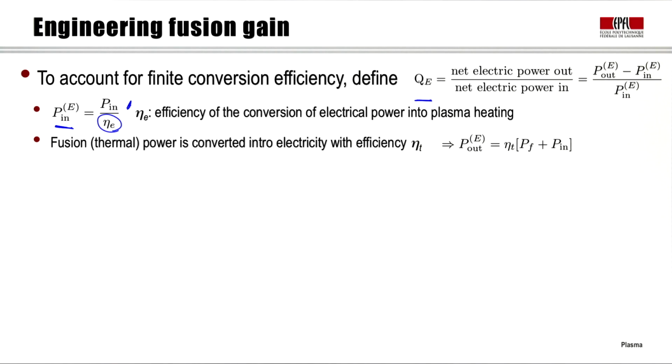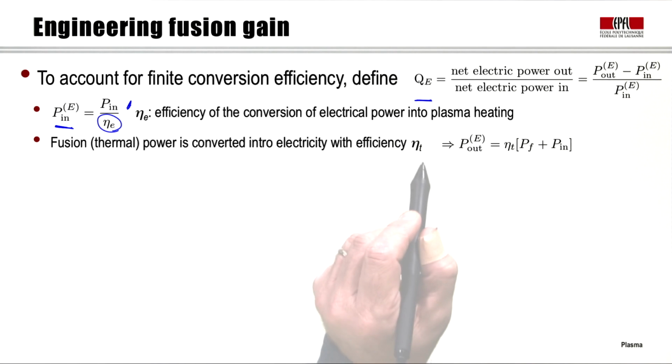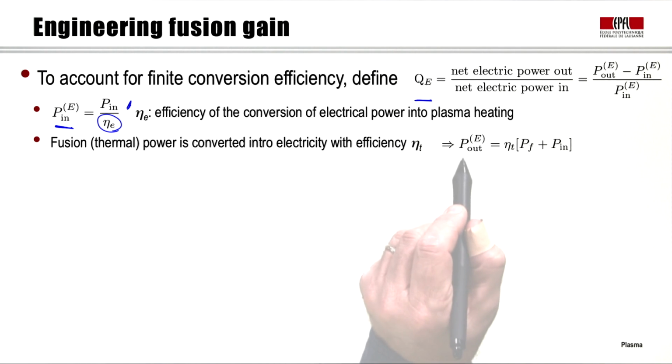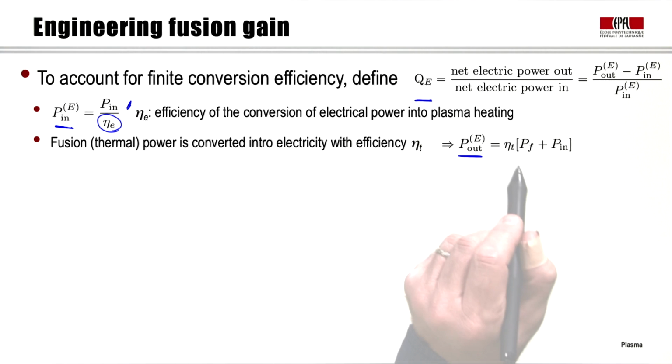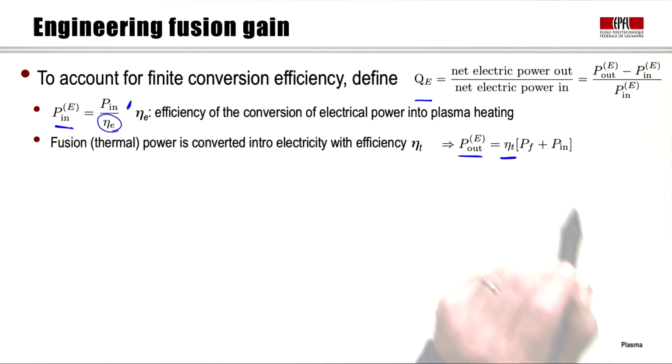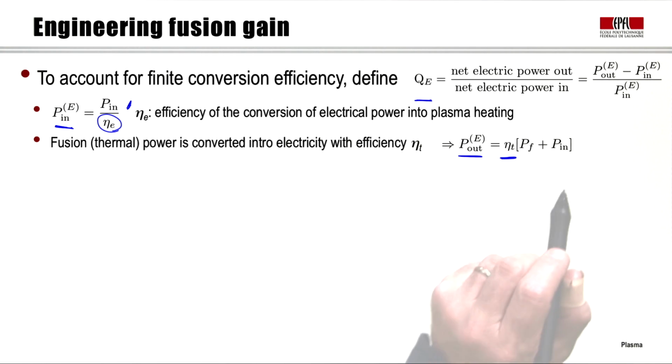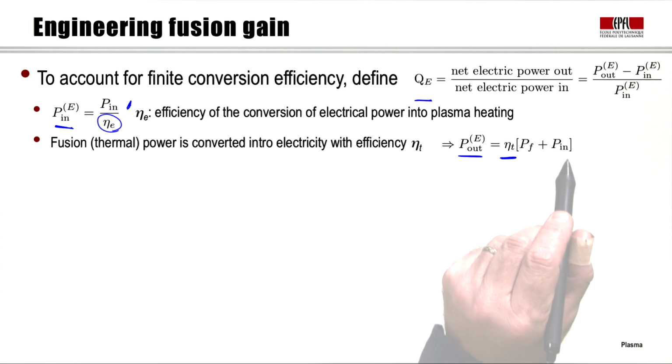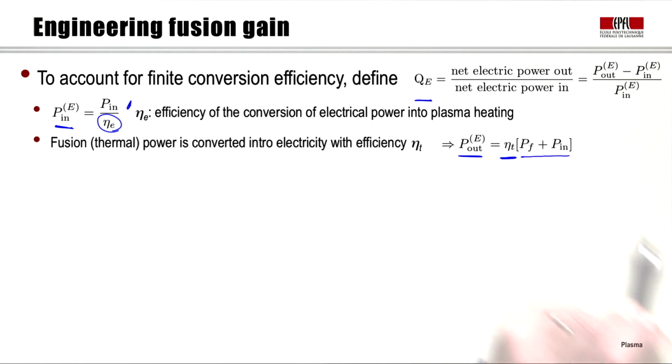We also have to consider that the conversion of fusion power to electricity is not 100% efficient. Therefore, we evaluate that as follows. P out will be a finite efficiency term, eta T, times the input power plus the fusion power.